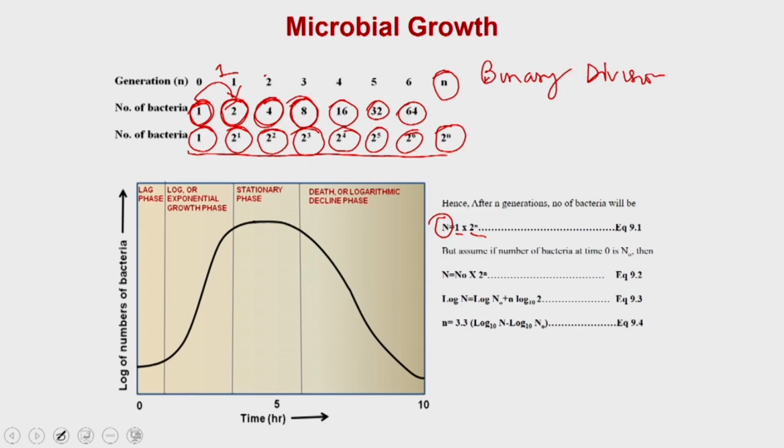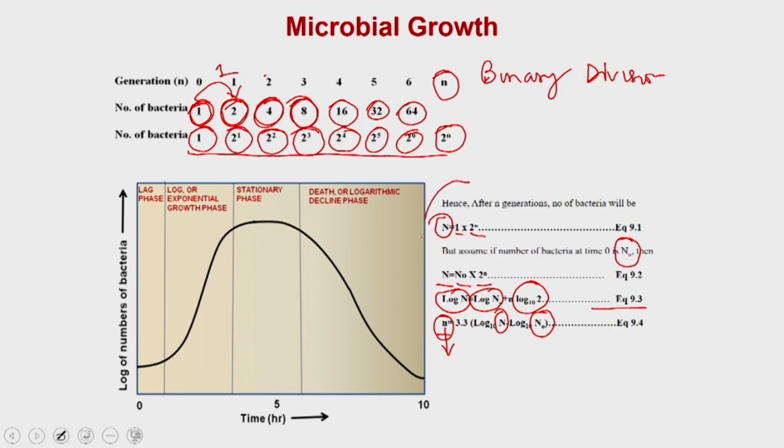Suppose you started with the number of bacteria N0, and you want to calculate the number of bacteria after the nth generation, then N is equal to N0 into 2 to the power n, and if you take the log, then it becomes log N equal to log N0 plus n log 10 2, which means if you simplify and calculate this equation, it becomes n equal to 3.3 (log 10 N minus log 10 N0), where n is the number of generations, N is the total number of bacteria, and N0 is the starting number of bacteria you have inoculated into the media.